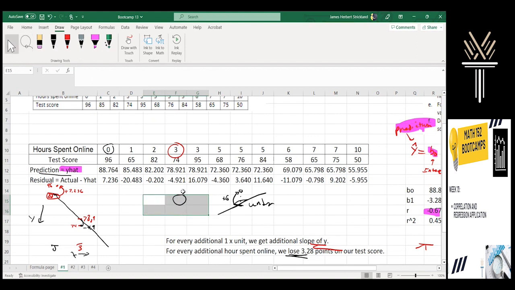If you have a positive residual, that means you got an under prediction, and vice versa. So a positive residual equals an under prediction. And a negative residual means you have an over prediction.